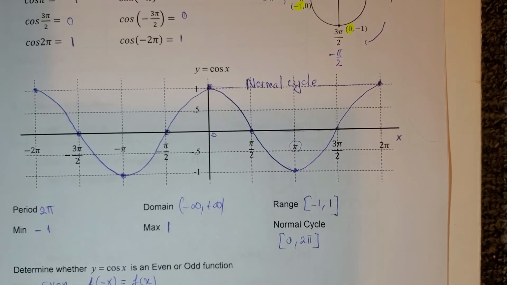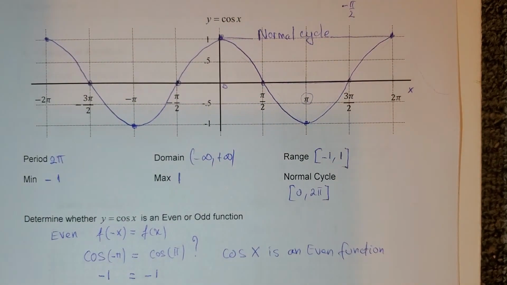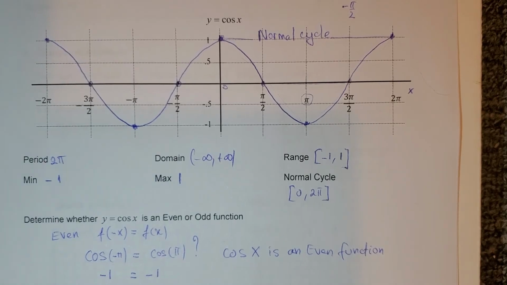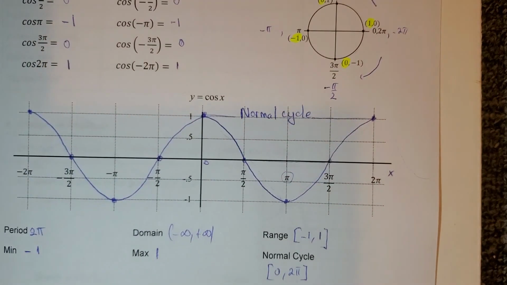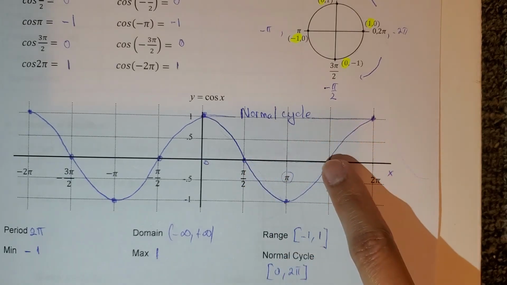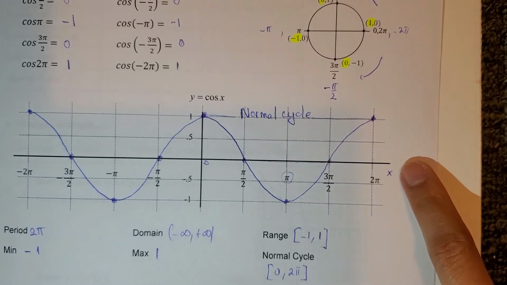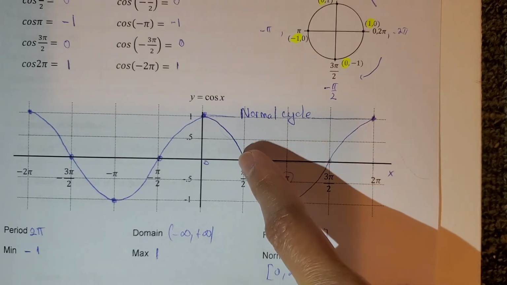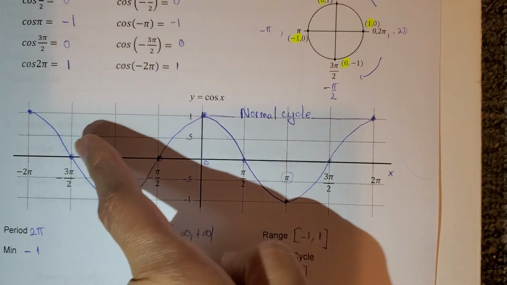To do that, I just add pi. If I take pi over 2 and add pi, I get 3 pi over 2, and if I add another pi, I get another intercept. Going the other way, you subtract pi, you get this, you subtract pi, you get this.